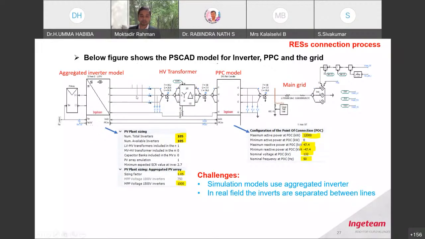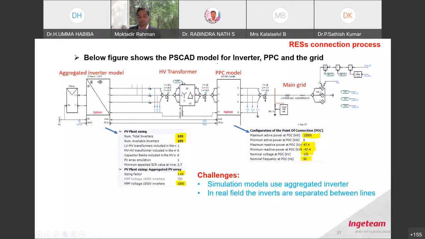As you can see, this is a PSCAD simulation model. We use the aggregated inverter model that represents hundreds of inverters, and then it's connected to an LV transformer to step up voltage from 630 volts to 33 kV, and then you have a power plant controller. We define the active and reactive power capacity of the plant, and then it connects to the grid.